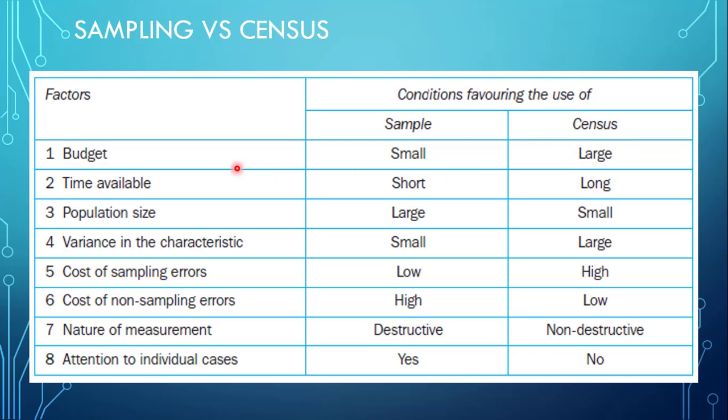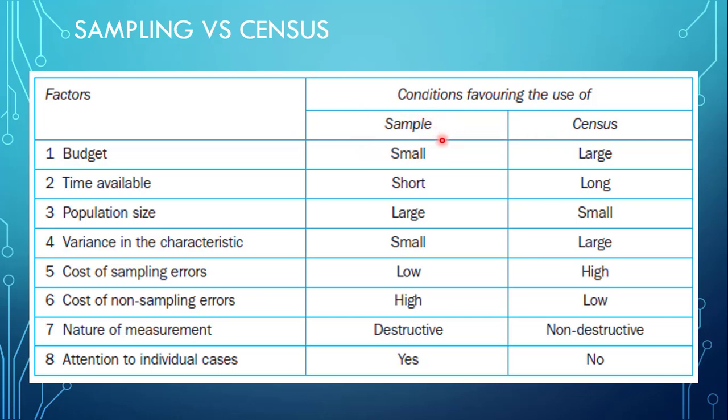So in here, if you don't have a larger finance, then you are going to conduct samples. But if you have a larger finance, if you have the capital, then you could conduct a census. The other factor is the time availability and the time requirements. If you don't have that much time, then go for samples, but there are disadvantages and advantages, of course.